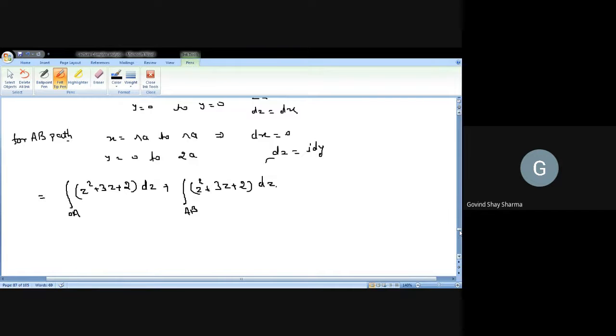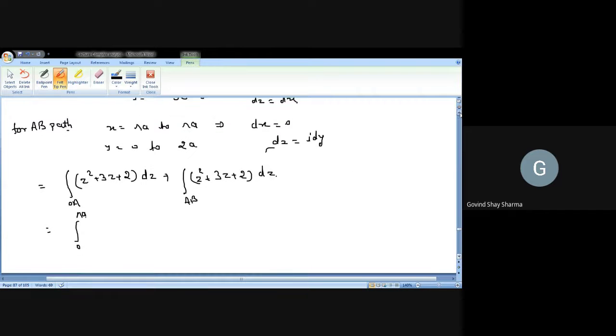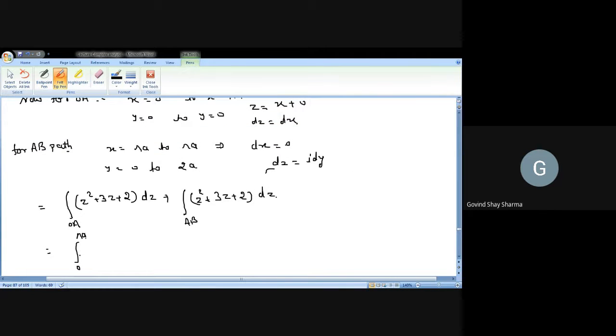For OA, x goes from 0 to pi a, and z is replaced by x: x square plus 3x plus 2 dx.